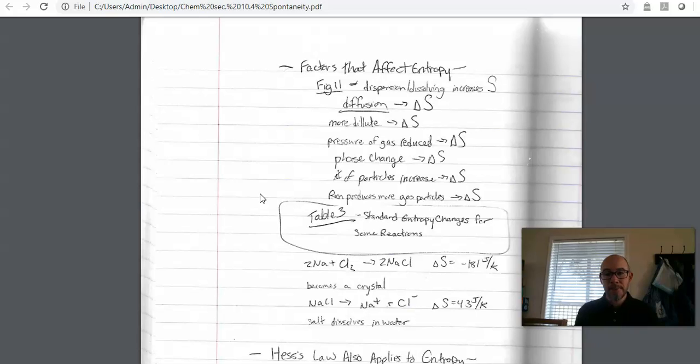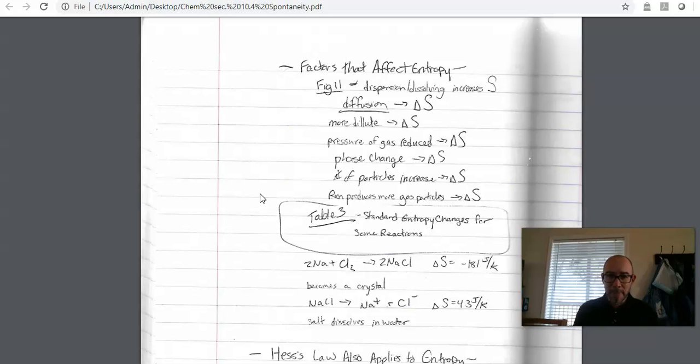So that's a way that will change your entropy. If you reduce the pressure on a gas and allow it to expand, that's going to change the entropy. I think if you've got higher pressure, that's going to make it more likely that a reaction occurs. Many reactions in labs are done under certain pressure conditions.